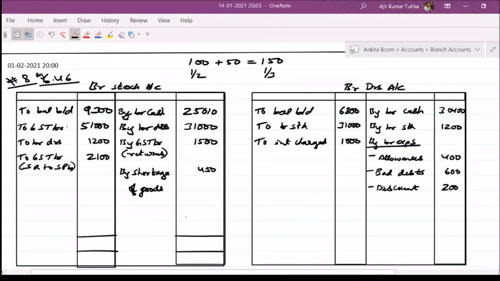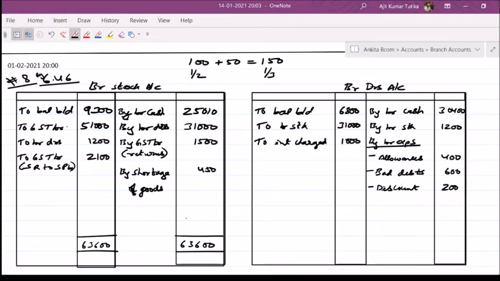Generally it will be the credit side only where there will be some shortfall. So we will start taking total from debit side, which is 9,300, 51,000 plus 1,200 plus 2,100, which is 63,600.